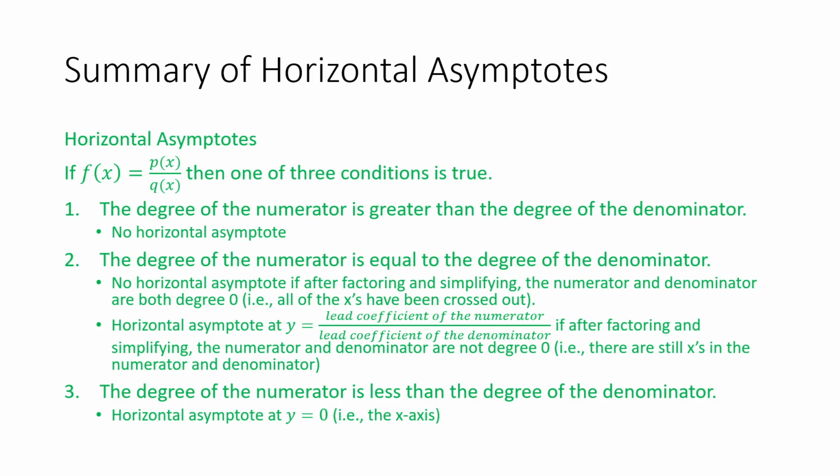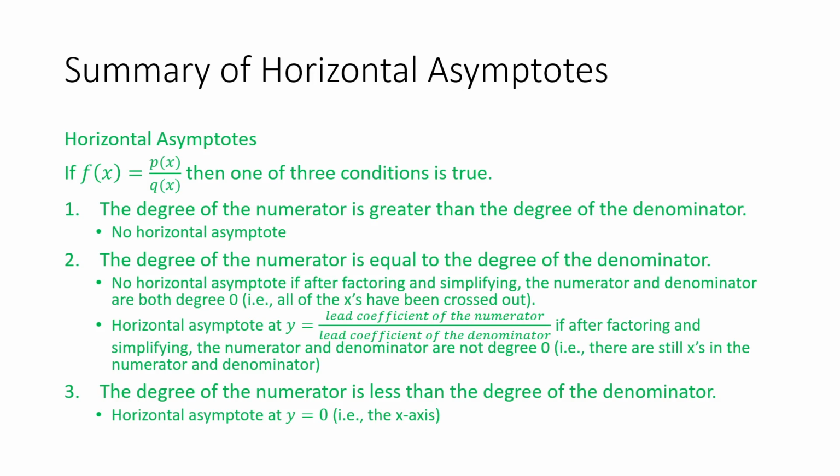So now we can put all those ideas together and come up with some principles. If we have a rational expression f of x equals p of x over q of x, then one of three things is true. The degree of the numerator is greater than the degree of the denominator, in which case there's no horizontal asymptote. Now the next one, the degree of the numerator equals the degree of the denominator. Well, there won't be a horizontal asymptote if after factoring and simplifying the numerator and denominator are both degree 0.